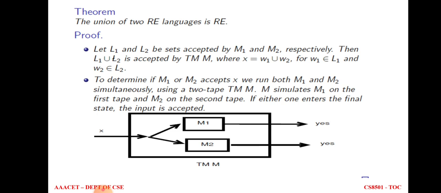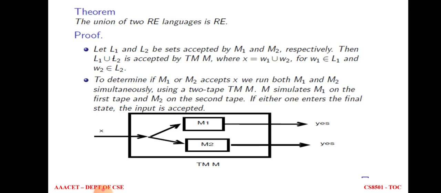So here also we can take two languages, L1 and L2. L1 is accepted by M1, consider L2 is accepted by M2. So here also the union operation. L1 union L2 is accepted by the Turing machine M, where the input string X is equal to W1 union W2, for W1 belongs to L1 and W2 belongs to L2.